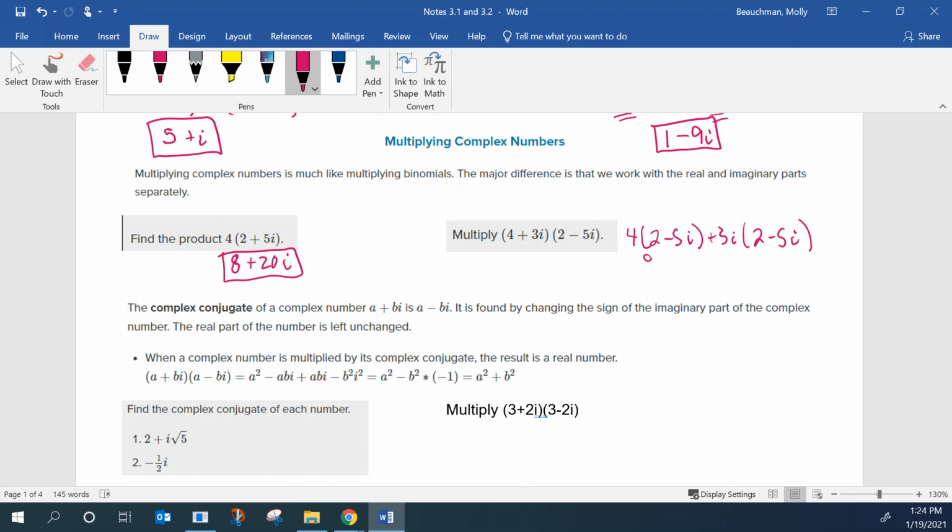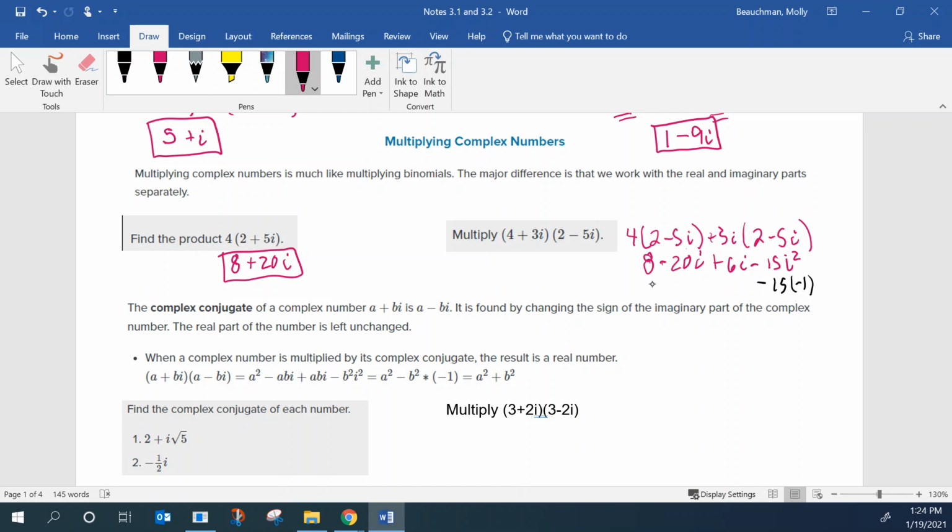Distribute the 4, we get 8. 4 times negative 5 is negative 20i. 3i times 2 is 6i. 3i times negative 5i is negative 15 i times i, and i times i is i squared. This is the place where we substitute negative 1 for i squared. So this is going to be negative 15 times negative 1.